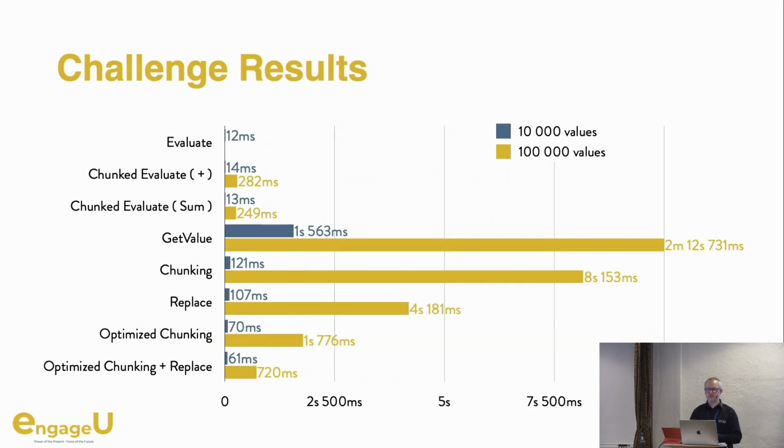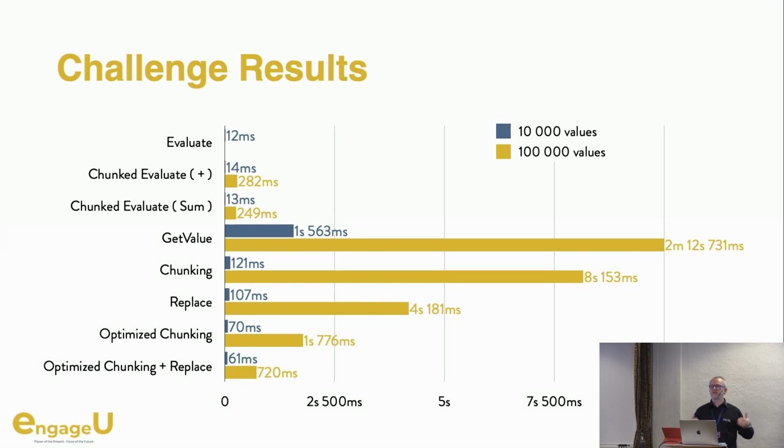But there were people who came up with even better results. One person, or actually two people, used evaluate, which was kind of cheating for me, but it's a valid point, because if you can use evaluate, it's much faster.